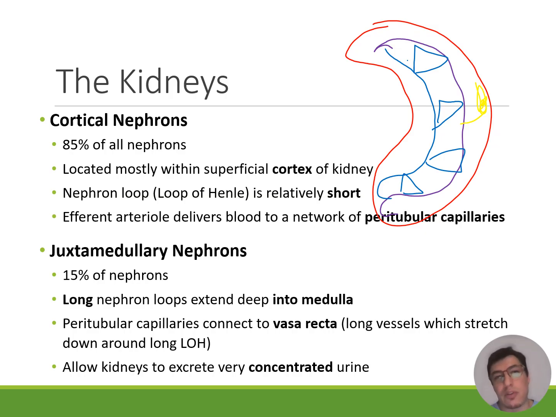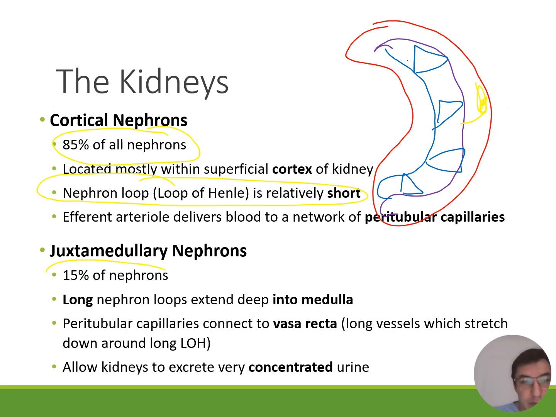So the cortical nephrons are within the cortex. The juxtamedullary nephrons extend into the medulla. Most of the nephrons are going to be in the cortex, about 85% of them, and they help with filtration. Their nephron loop is relatively short, all right? That is different from the juxtamedullary nephrons.